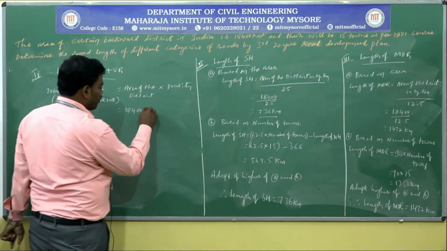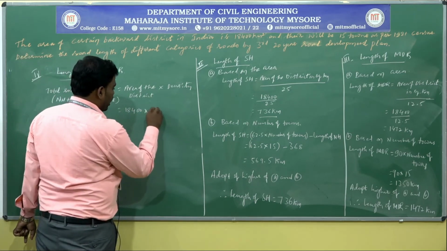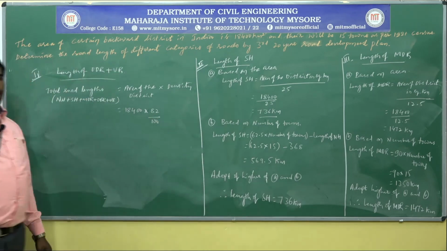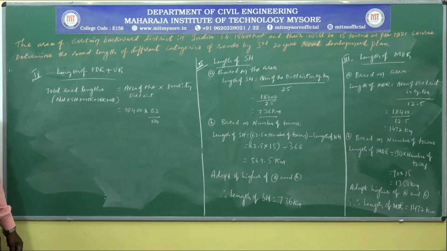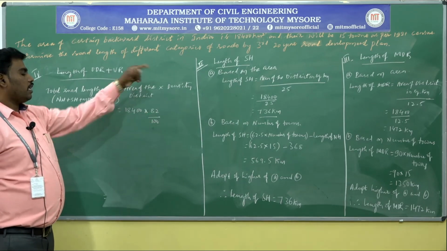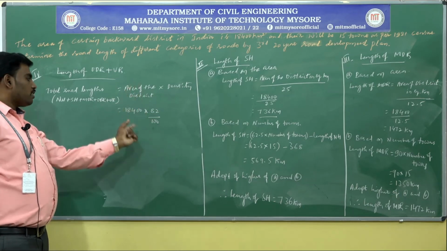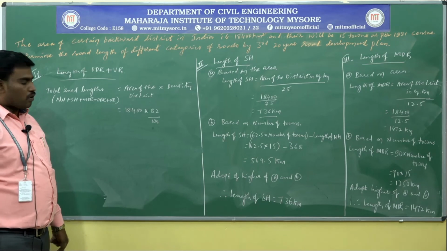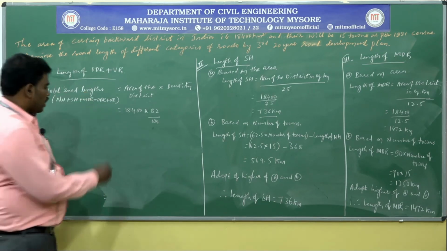Here it is given as 82 km per 100 square kilometer of area, 82 by 100. That means for 100 square kilometer the density is about 82 km. Then what is it for 18,400? That is the total road length.